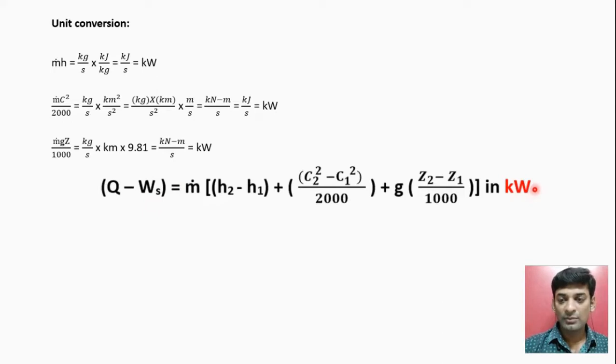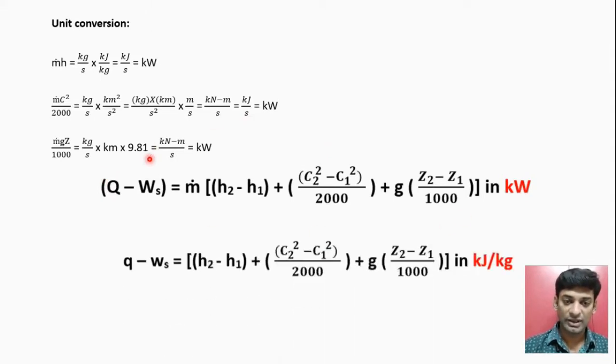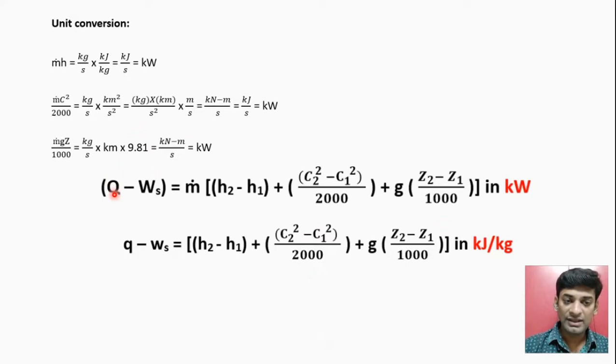Now I am going to rewrite this equation in another form. Both will be helpful while solving problems. Listen carefully. I am going to divide this entire equation by the mass flow rate. I have already told you, whenever a term is divided by mass, you have to use specific.